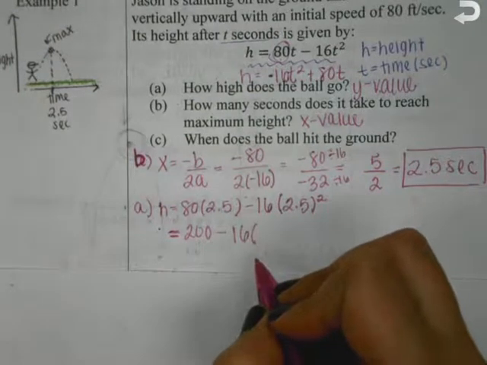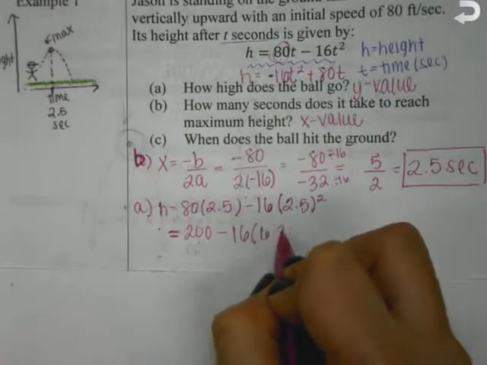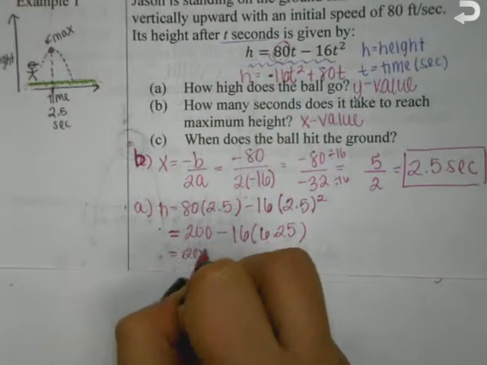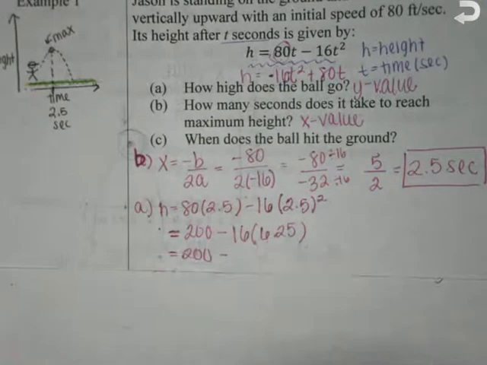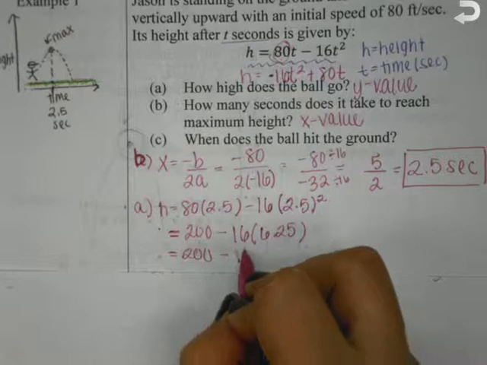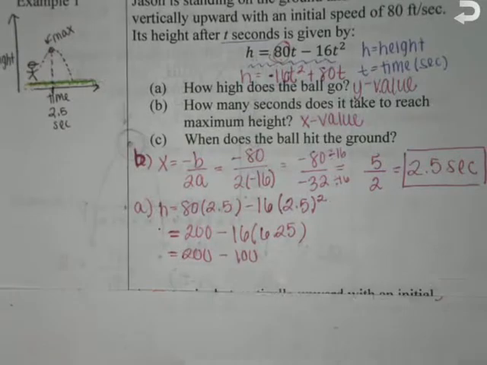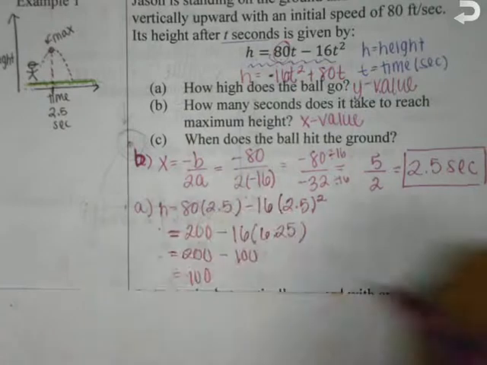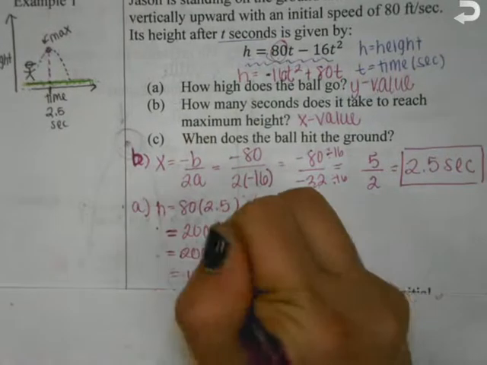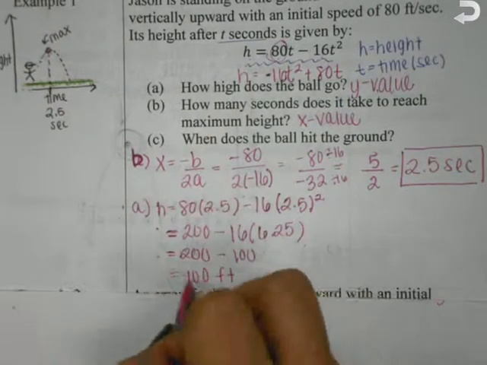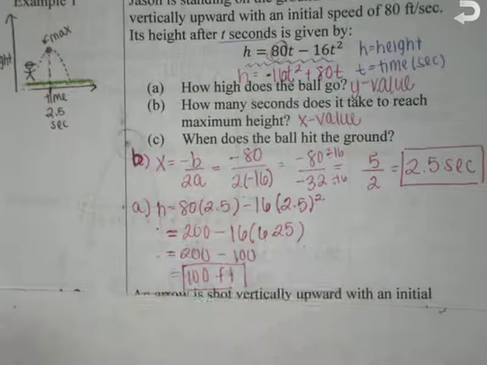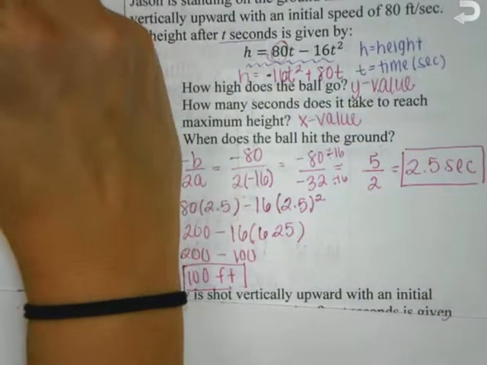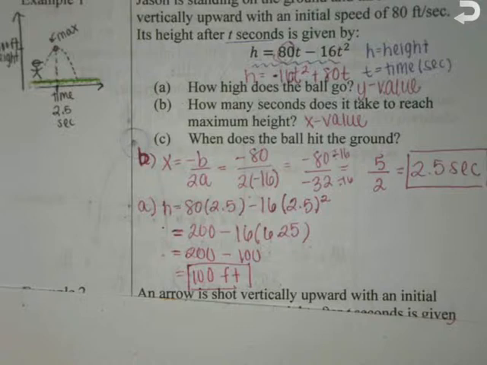So that's going to be 200 minus 100. So that gives me a height of 100. Is it in feet? Yes, feet. Okay, so at 2.5 seconds, our ball reaches 100 feet. Okay, so that's my maximum point.